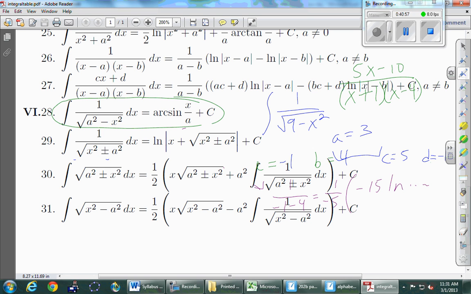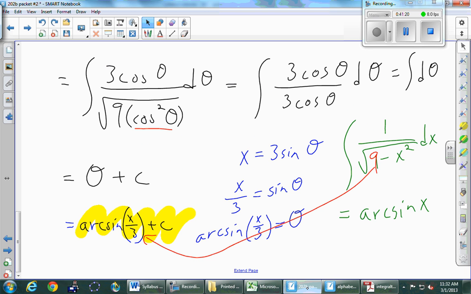So according to this formula, what's the answer? Arc sine of x over 3. That's what we got. Well, the table is always easier. This is the back cover of your textbook. All right, good catch, Chris. It's almost exactly the arc sine. Turns out this is how we pay for the 9 instead of having a 1 there.